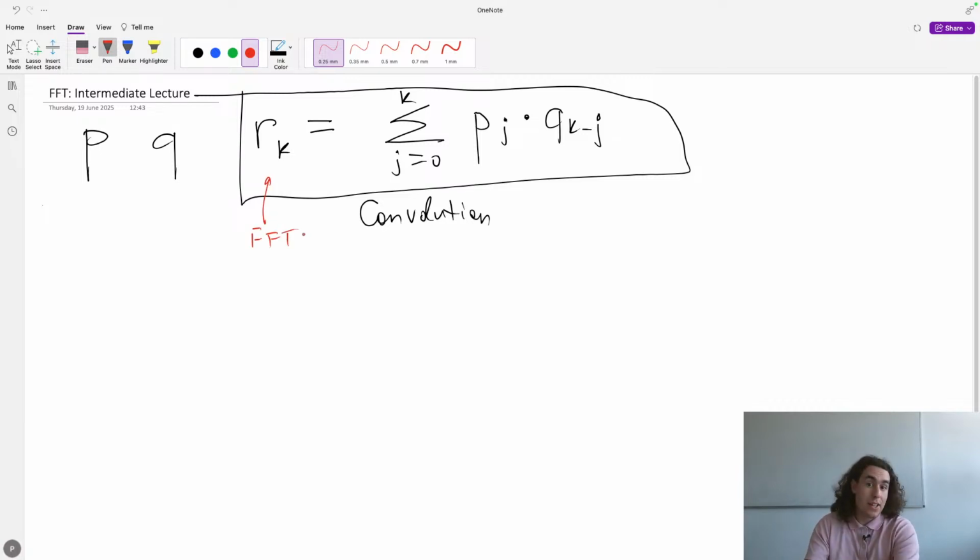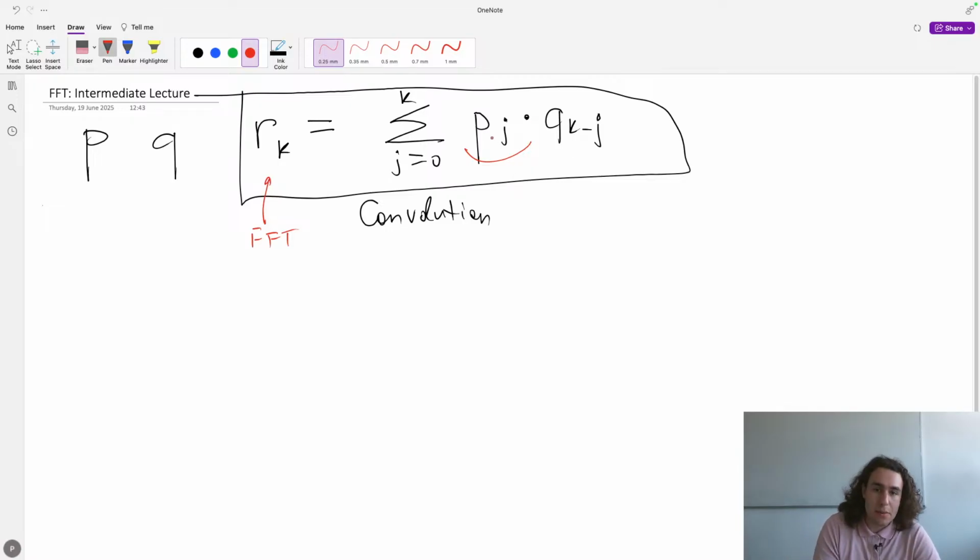And at the end of today's lecture, we're going to be able to solve the same problem, but when these values Pj are given to us online, right? So we're given them one by one. We're first given P0, then P1, P2, and so on.